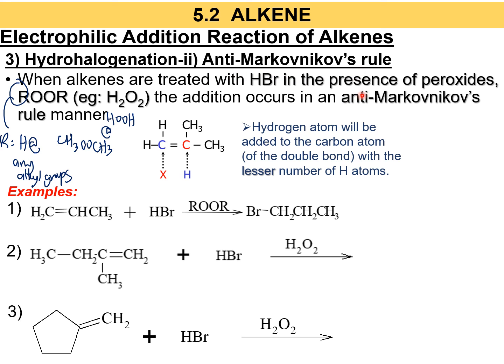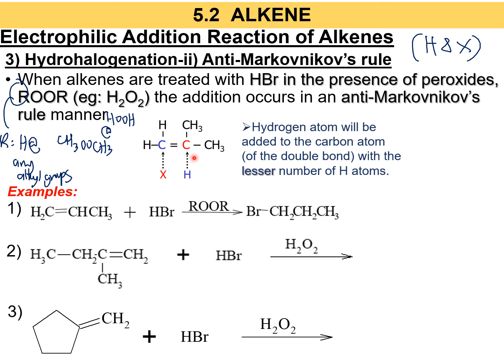Okay, but what you add is the same. You will add two things, which are hydrogen and halogen. It's just that it does not follow Markovnikov's rule. For example, let's say this is the alkene that reacts with HBr in the presence of peroxide, therefore it will disobey Markovnikov's rule.